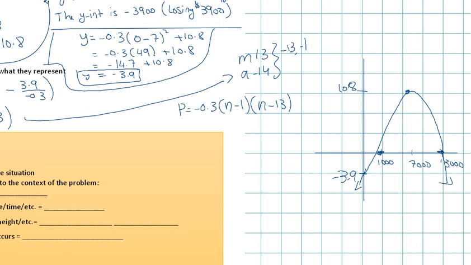So basically right here, I'm going to say that the zeros are 1,000 and 13,000 chocolate bars. And then we're going to say that the company will break even.